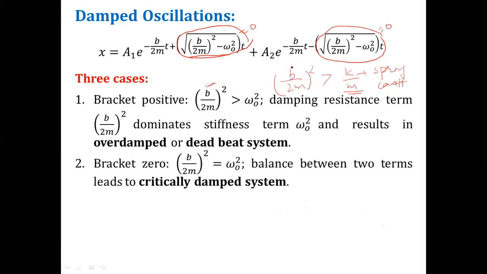B is your damping coefficient, which is related to your retarding force or resistive forces or dissipative forces, whatever you want to call that. And hence, from here, we can say that your retarding force is going to dominate your restoring forces in this case.